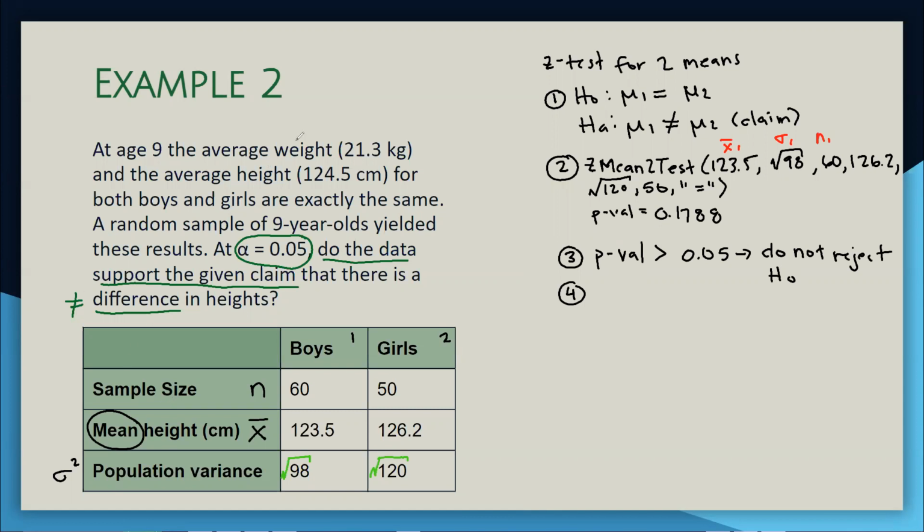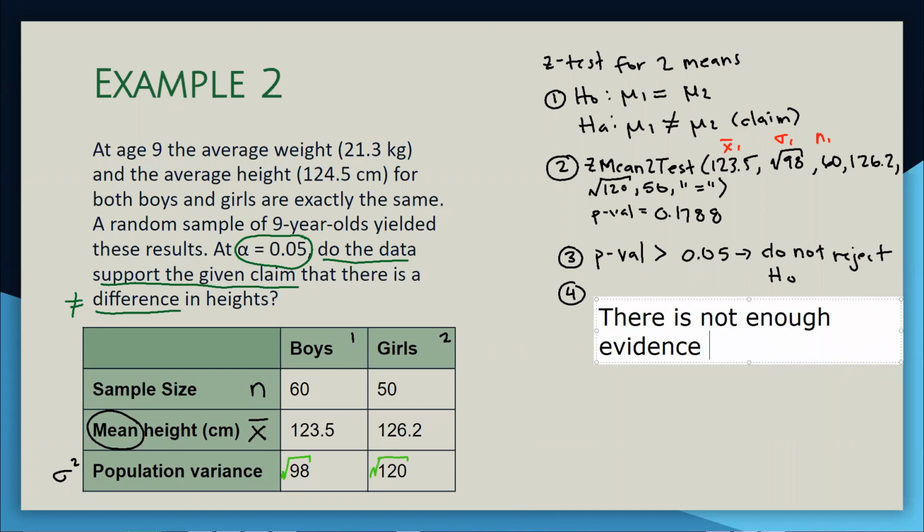So our last step, we just need to interpret that in terms of the word problem itself. So we look in 3 places. The first place is we look to that step 3 decision. We did not reject, so there is not enough evidence. And then we go look at our claim. Our claim is the alternative in step 1.